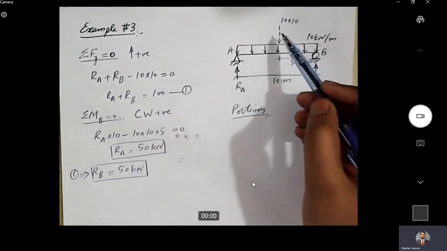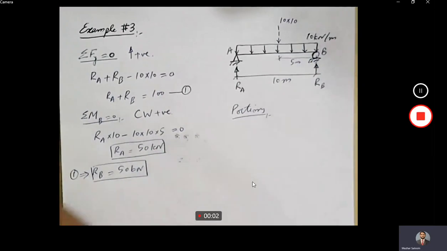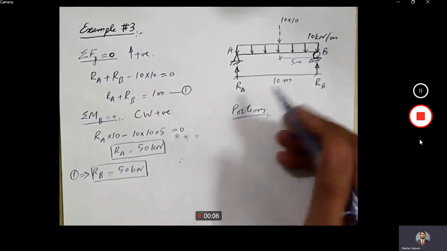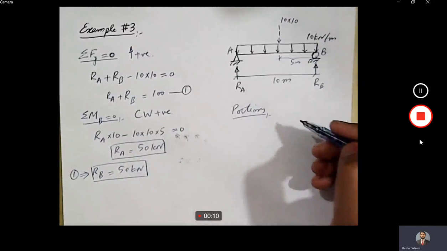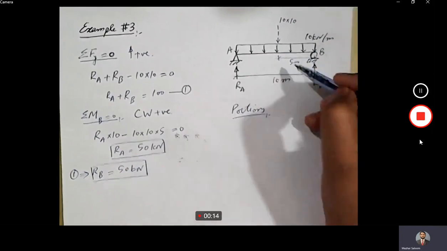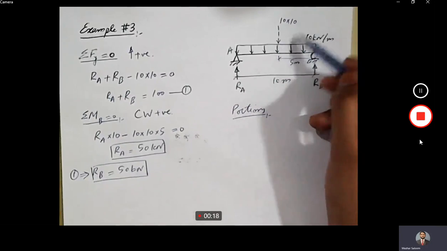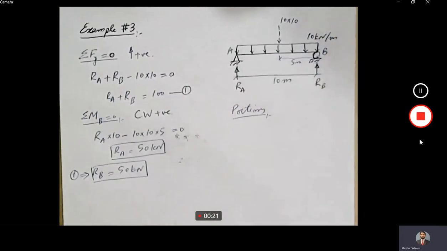This resultant is like the resultant of this entire load, and it is acting at this point. But this resultant will be used for the calculations of reactions and moment calculation.